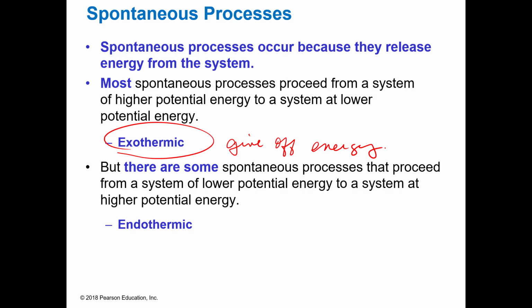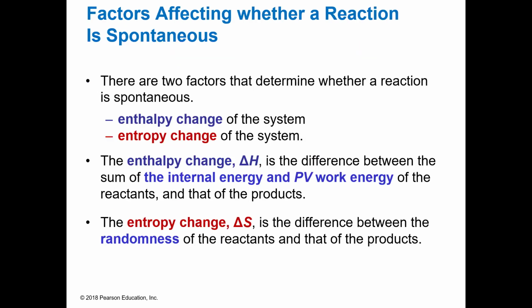But some spontaneous processes are going to proceed from low to high, and they're endothermic. We've been thinking before that endothermic means that it's not going to occur without us doing something, so it's a little bit different way of thinking about how we change from the potential energy of the reactants and the products.